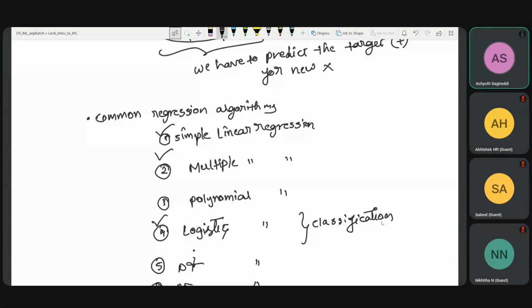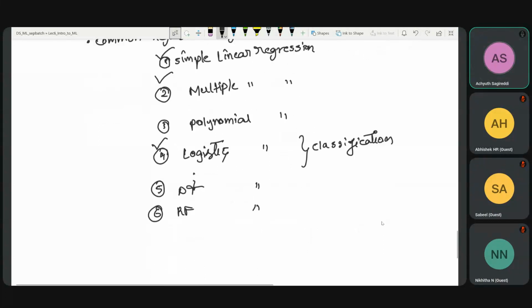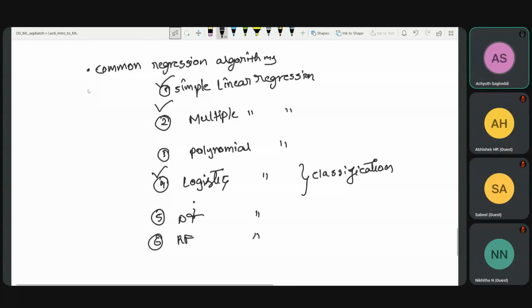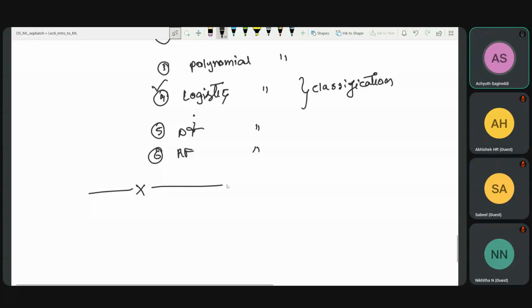In that, firstly, we'll see about simple linear regression. What is meant by simple linear regression? In simple linear regression, we have to find out the relation between two variables.